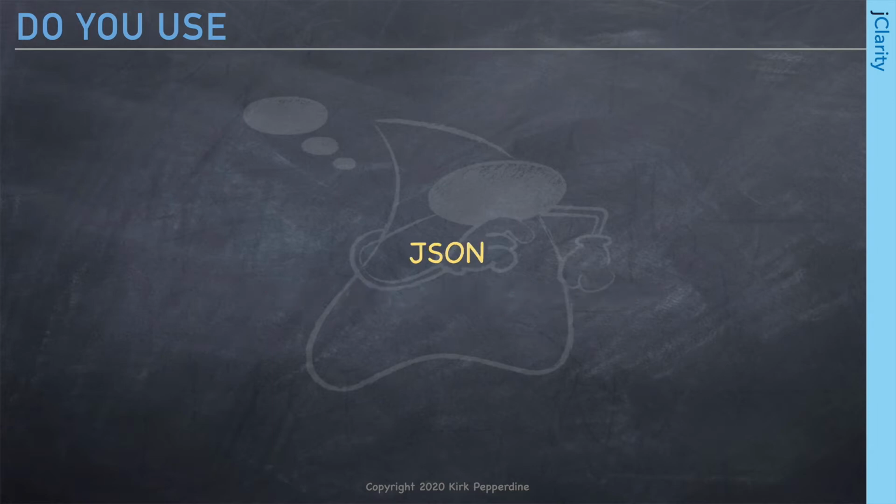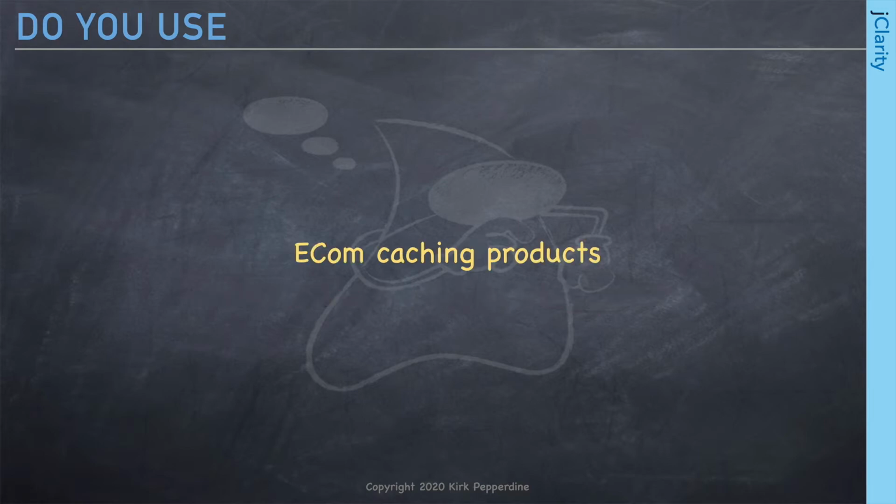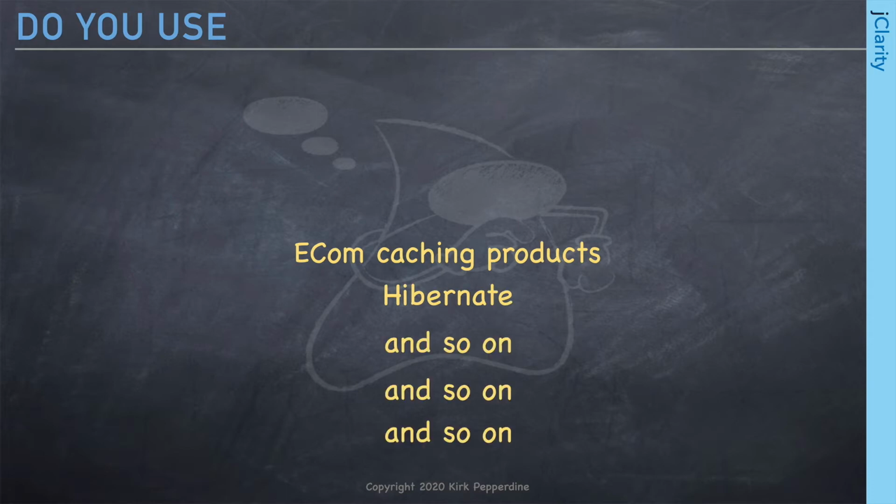Do you use a lot of JSON? In this crowd, probably the answer is yeah, you use it all over the place, right? So, does JSON really matter? Well, we get the same problems with almost any marshalling protocol that you actually use. Ecom caching products, Hibernate, and the list goes on and on.